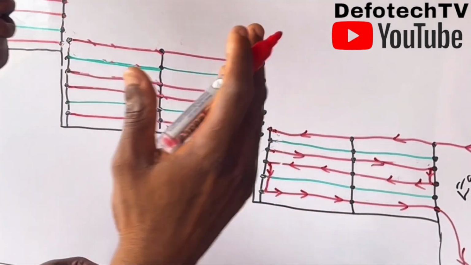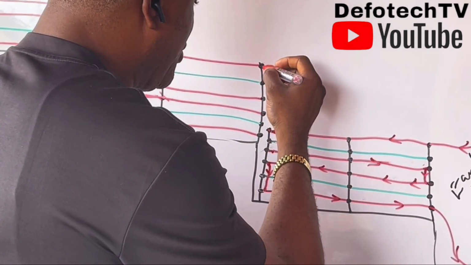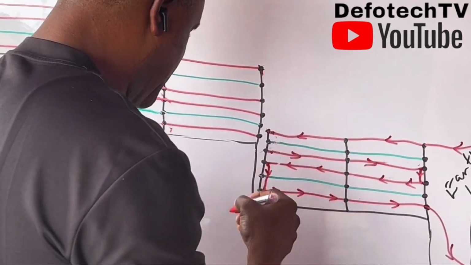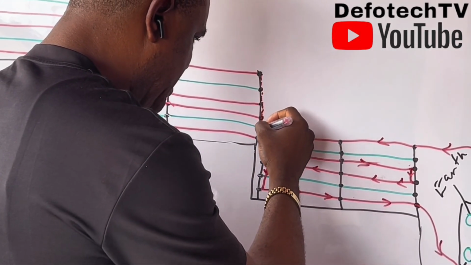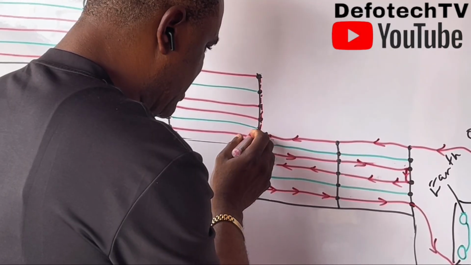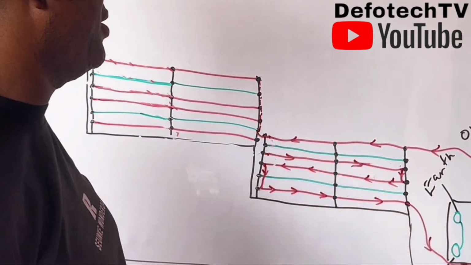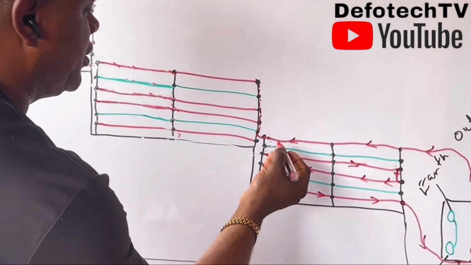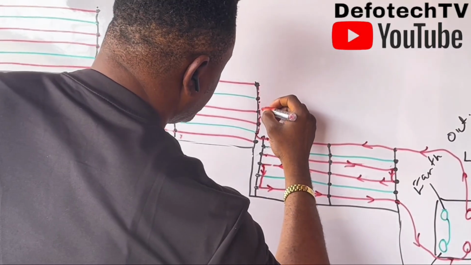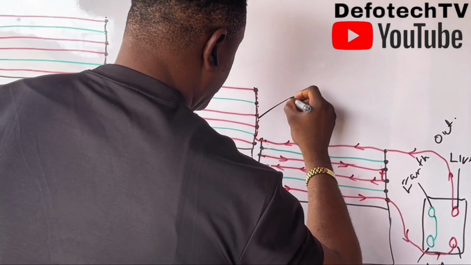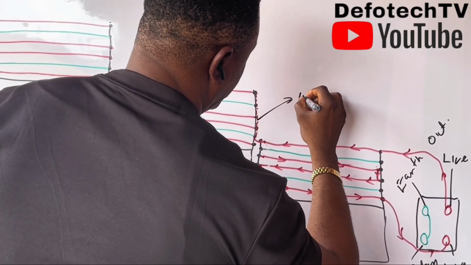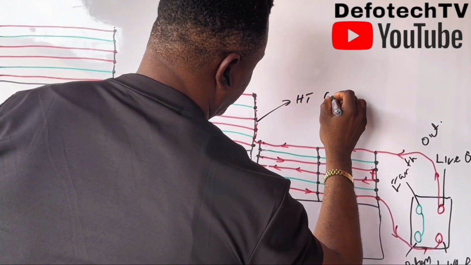Using the HT cable, the insulated cable, it can go around through the side of this. The insulated cable can come all the way from here. Take it when you get here. Marry this to this. Let me label it as the HT cable.